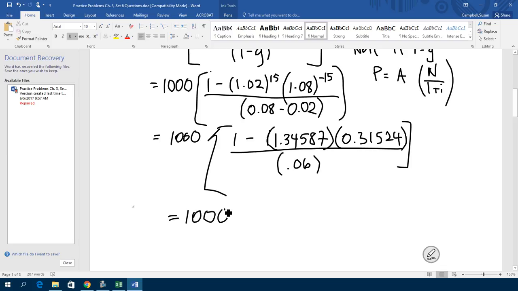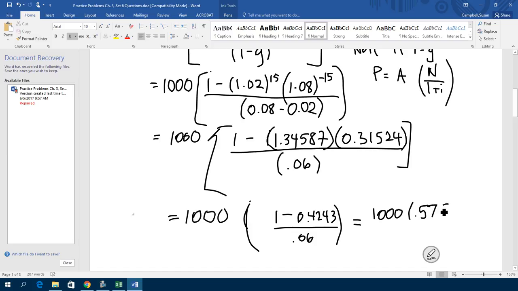And then I do the math here in Excel. I get 0.4243 and then 5757.